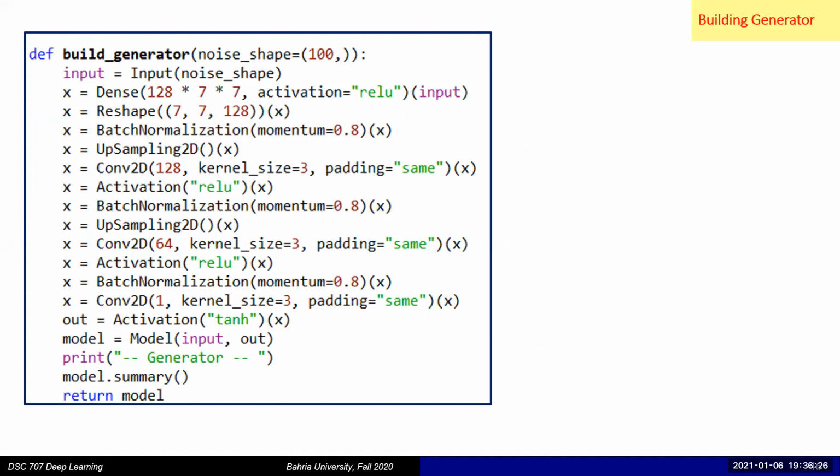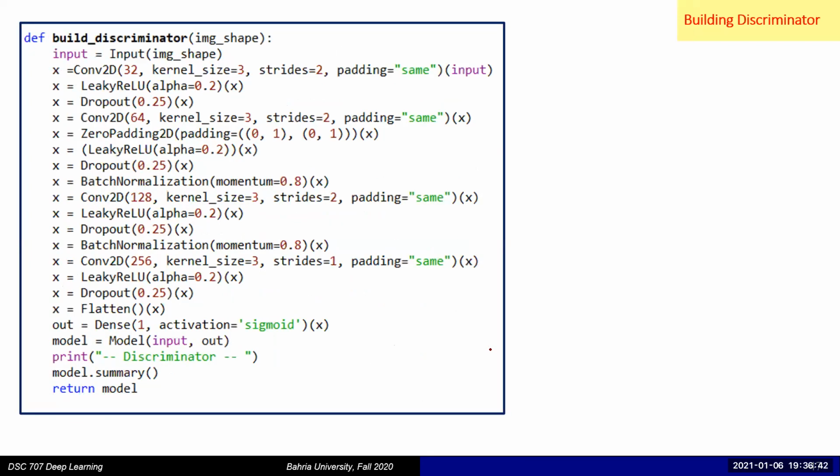You see, it has different layers, but we are using an upsampling layer, right? Which is the reverse of downsampling, right? And eventually the final output it will produce would be 28 cross 28 cross 1. And if you go to the discriminator, it is like a simple CNN, right? But what's important is that the last layer has a sigmoid activation function with a single neuron, right?